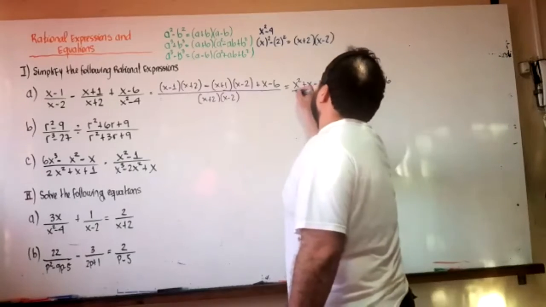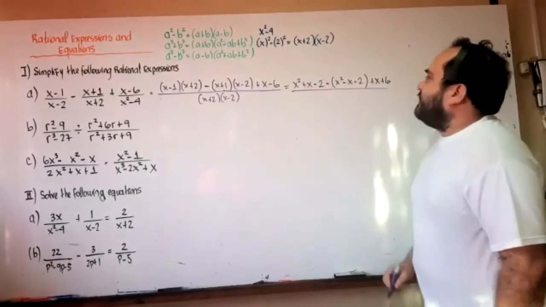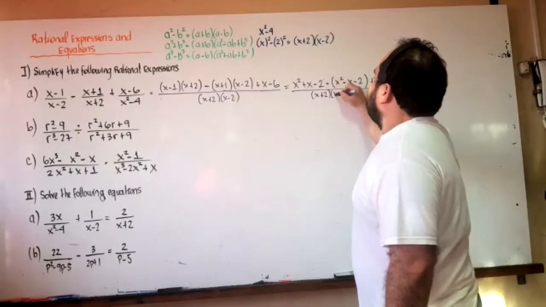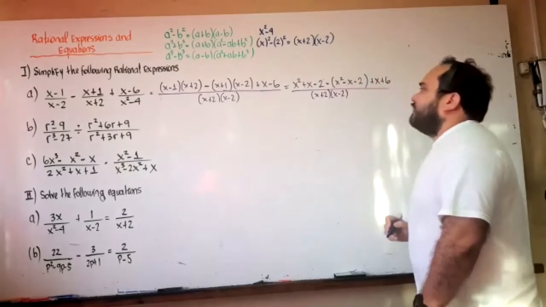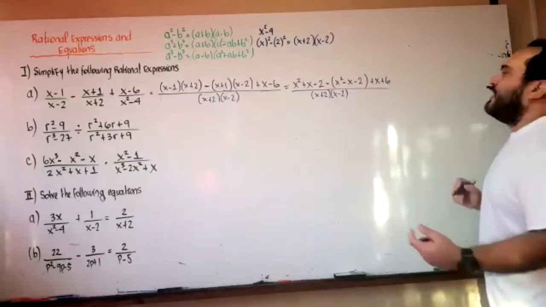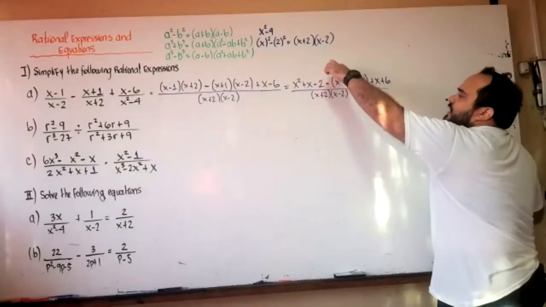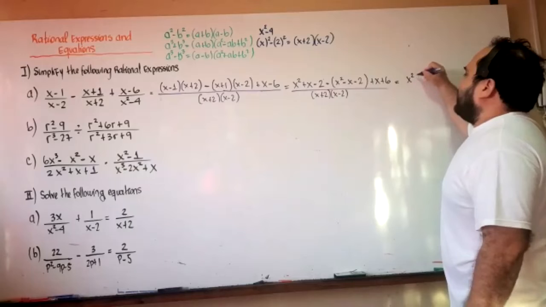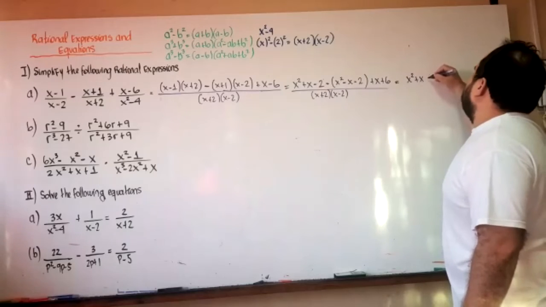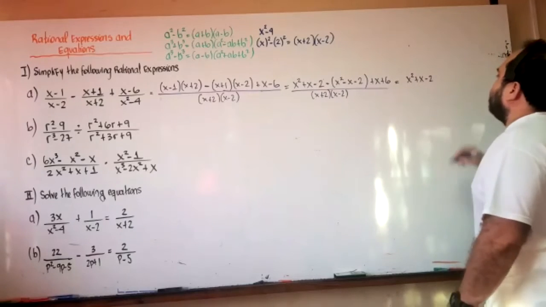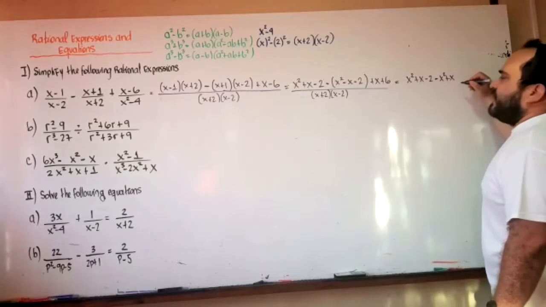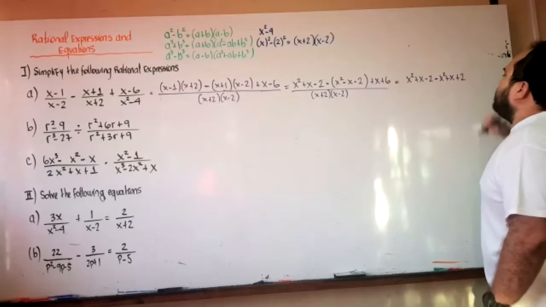This entire expression divided by x plus 2, x minus 2. What will be the next step? This negative sign affects the parentheses. So we got x squared plus x minus 2, negative x squared, positive x, positive 2.